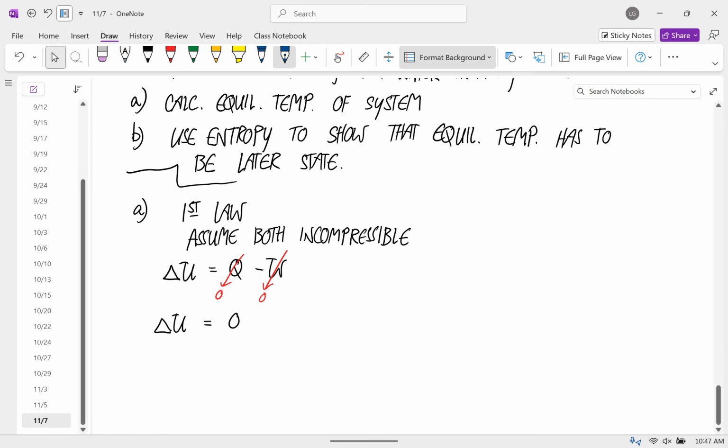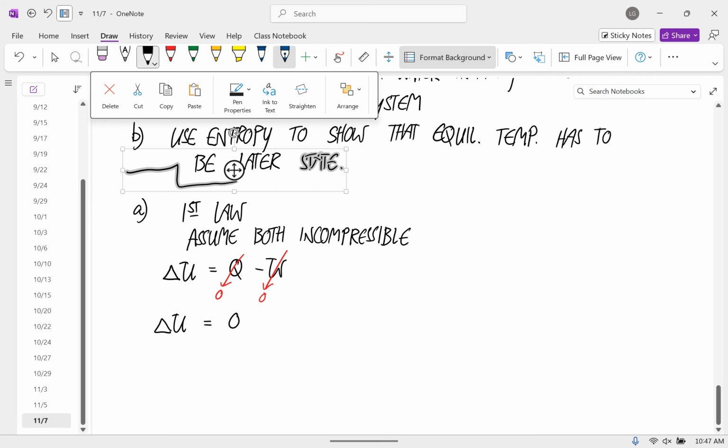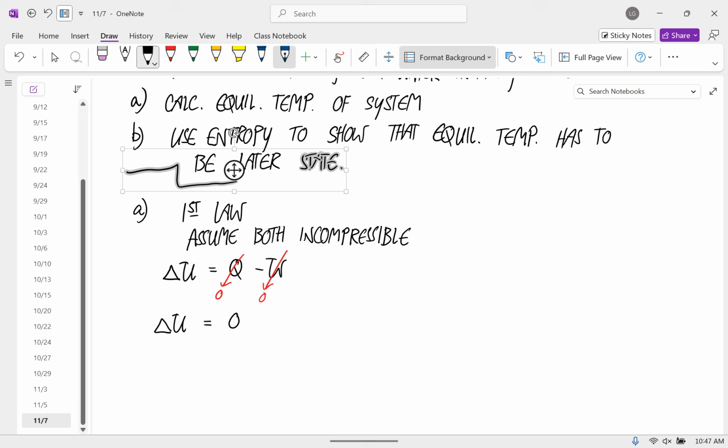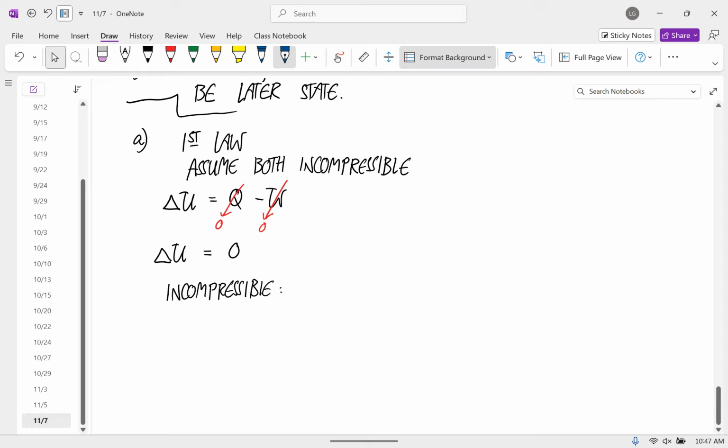And now for incompressible materials, how do we calculate the change in internal energy? For incompressible, remember, the specific heat is equal to du dT.